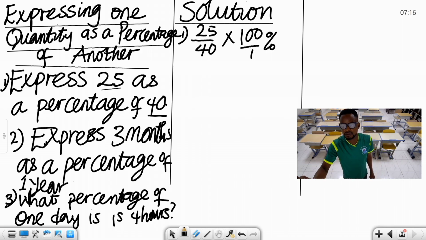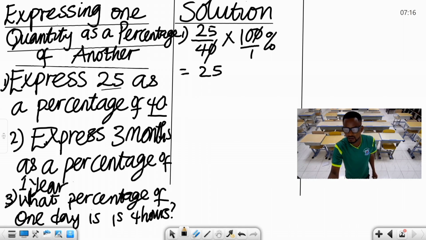So just do that straight away. This cancels this. Then we have 250, that is 25 times 10 that is left here. 250 divided by 4.